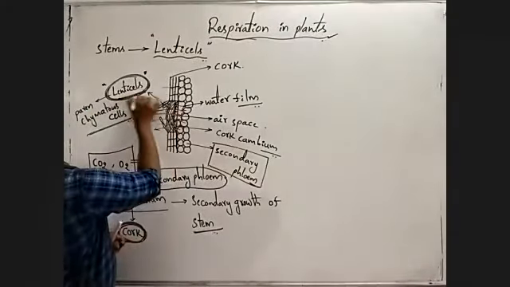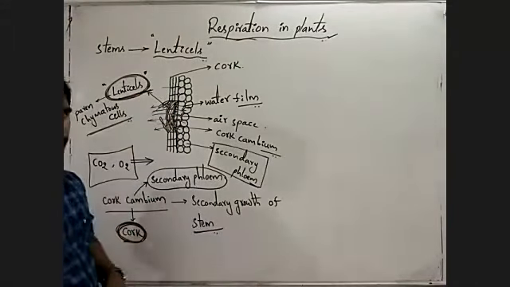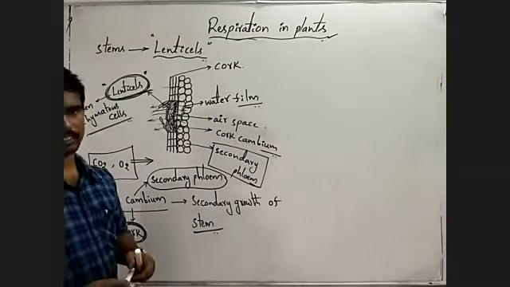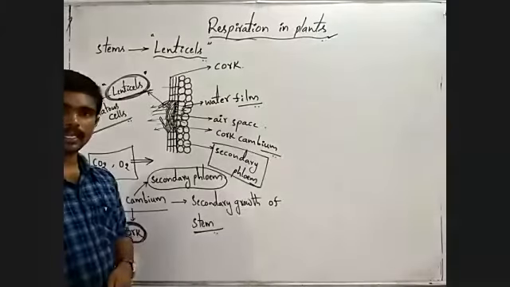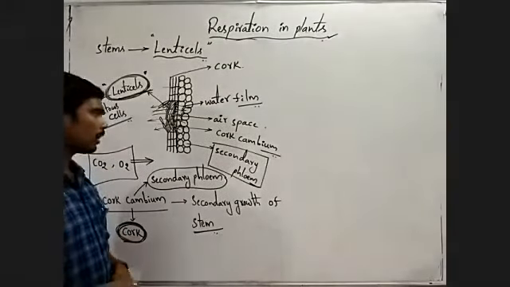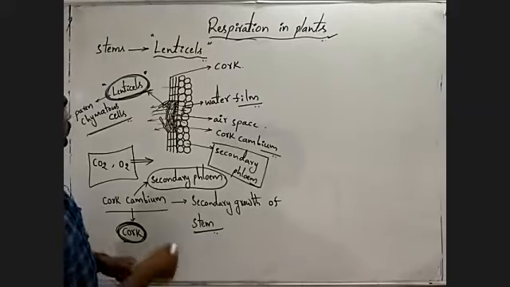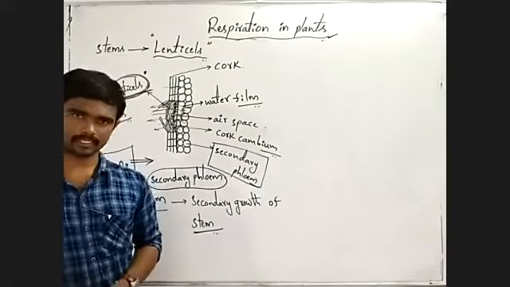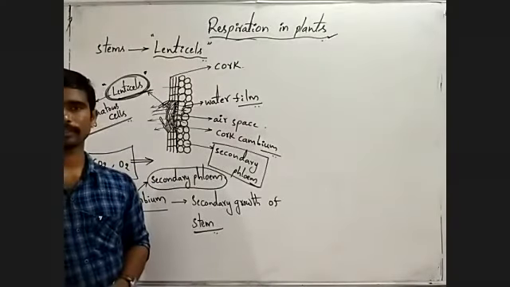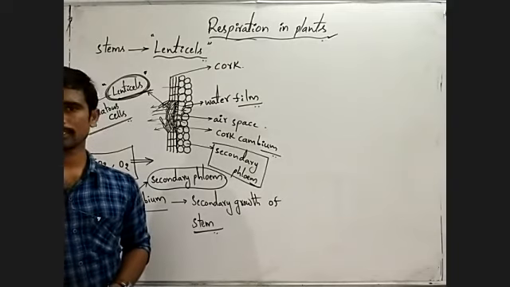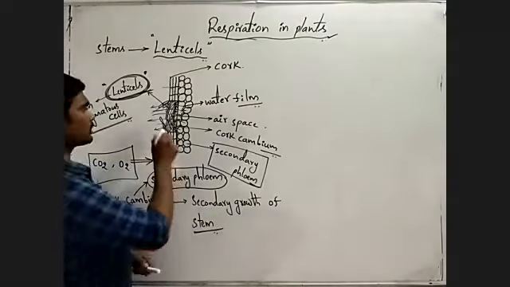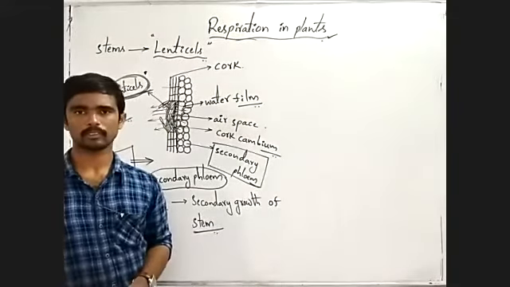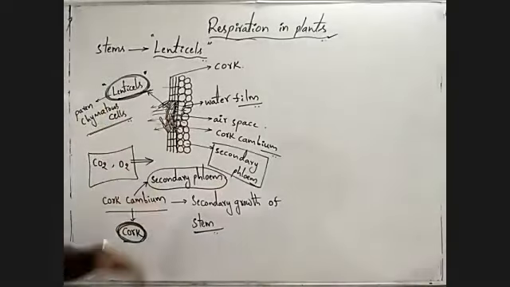These areas are lenticels. Parenchyma cells are pervious to gases. They can allow the gases into the stem and out of the stem. That is why in stems, lenticels play a very important role during gaseous exchange. Some amount of transpiration also takes place through the lenticels, only some amount. Okay, this is about lenticels.